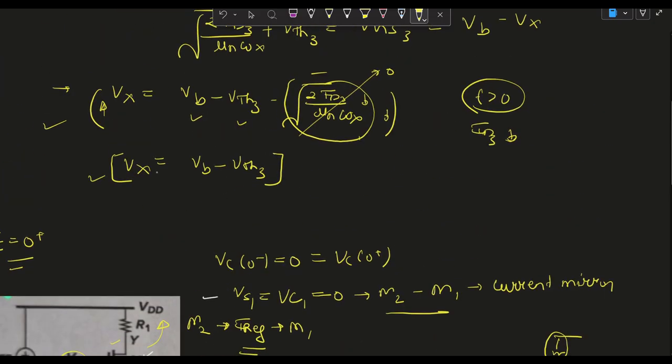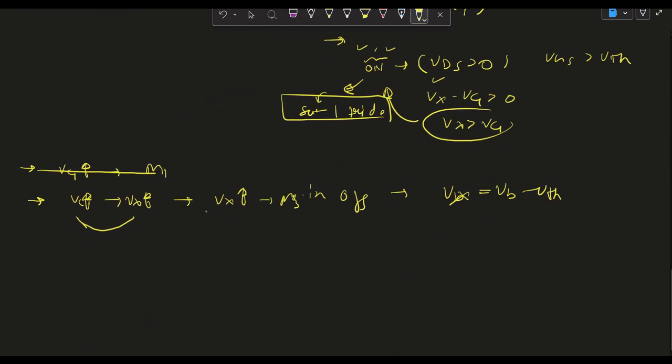And at that time, if M3 is off, then no current will be there. ID3 is 0, so Vy is also 0.